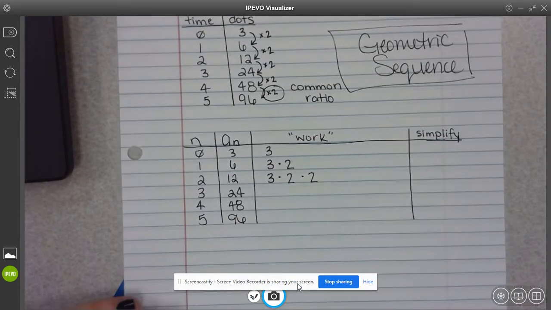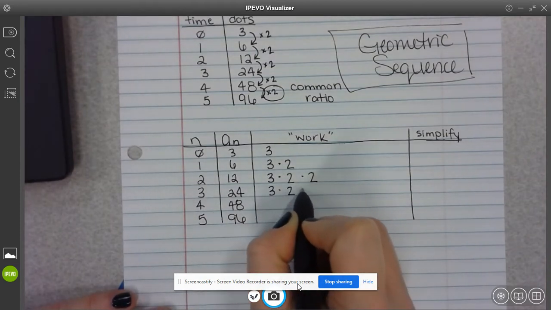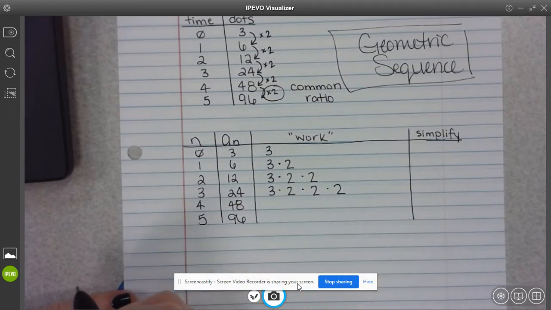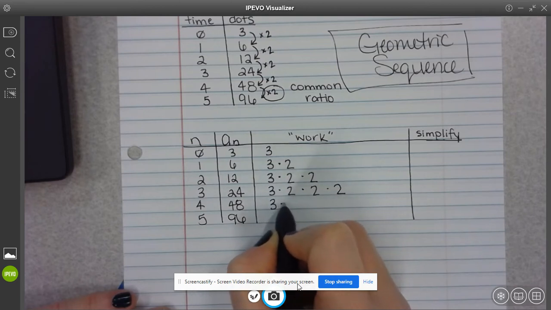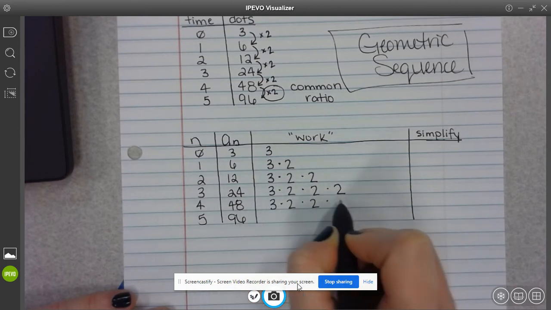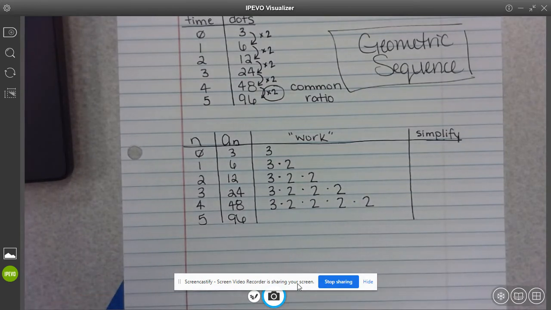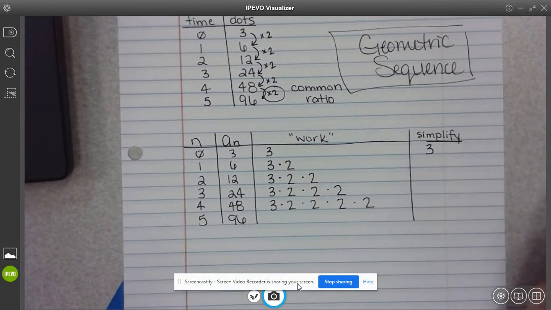And this should start looking very familiar to what we did with growing dots. So here I had to multiply by 2 3 times. To get to 48, I had to take what I had before and multiply by 2 again. So this is just 3.